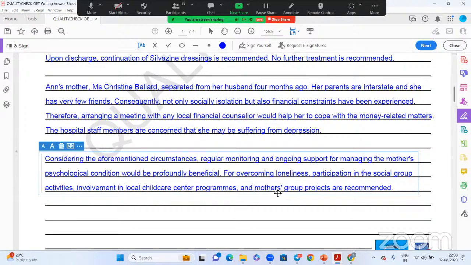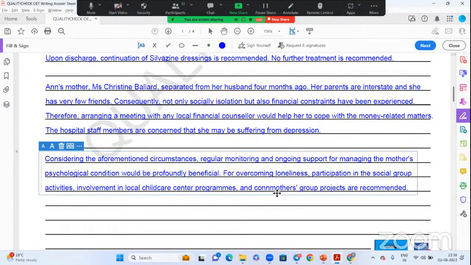and participating, involving, and taking membership or registering for membership or something like that. Membership in group projects, mothers groups projects are recommended, and linking to or connecting to the mothers group projects are recommended.